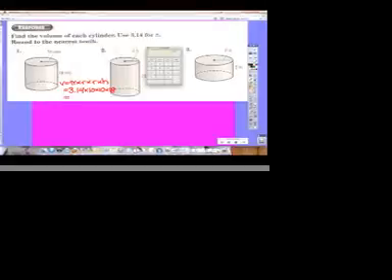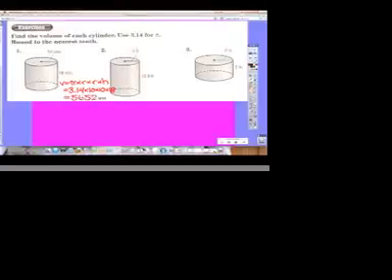Does anybody want to come to the board for number 2? Do you want to come try this one out? Okay, so it would be 3.14 times 4 times 4 times 12.9.